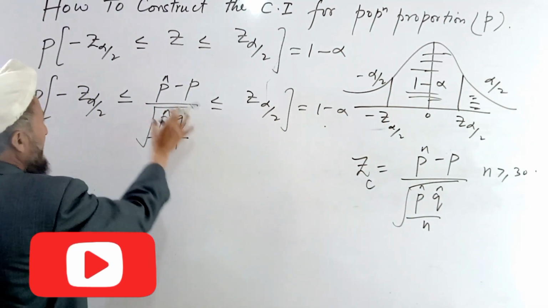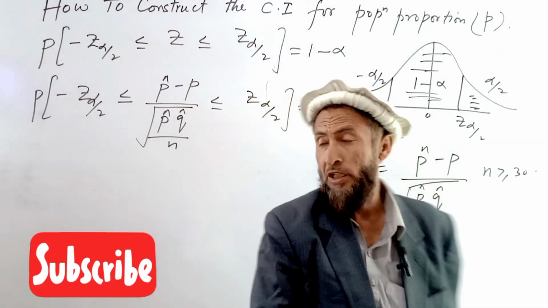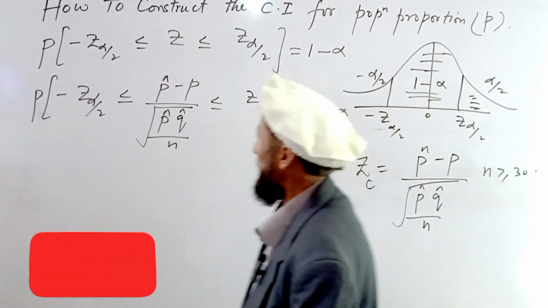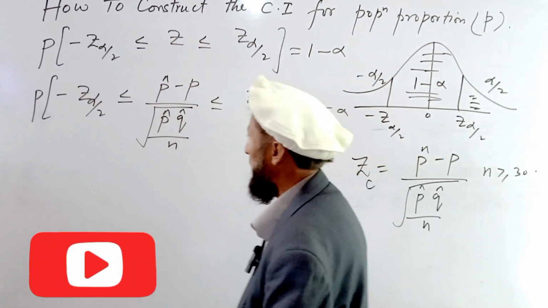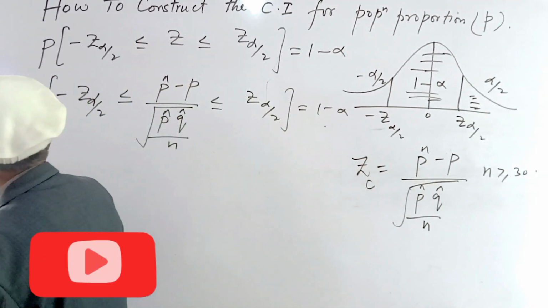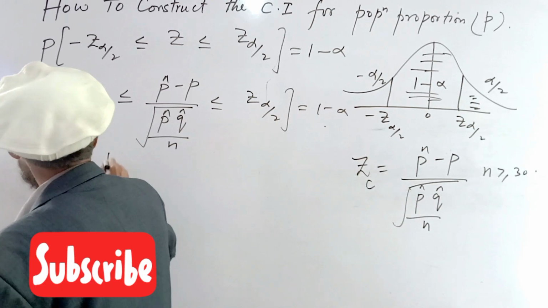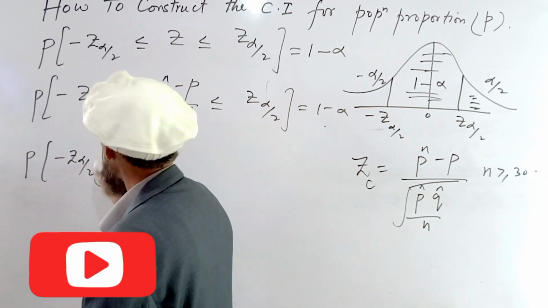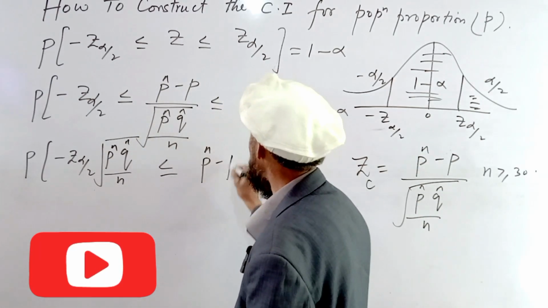Now we try to finish the denominator term. So we multiply within the brackets, from the left side into the right side of the interval, by this term. So the probability of minus z alpha by 2 times the square root of p hat q hat divided by n, less than or equal to p hat minus p.